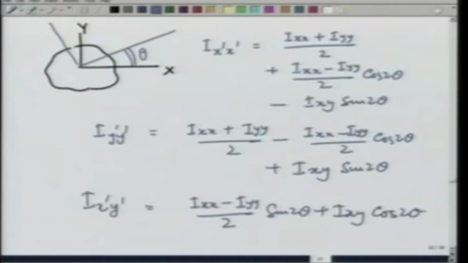What these transformation laws give me is, if I am given the second moment and product of area about a set of axes, I can calculate about any other set of axes which is rotated with respect to the first set of axes.